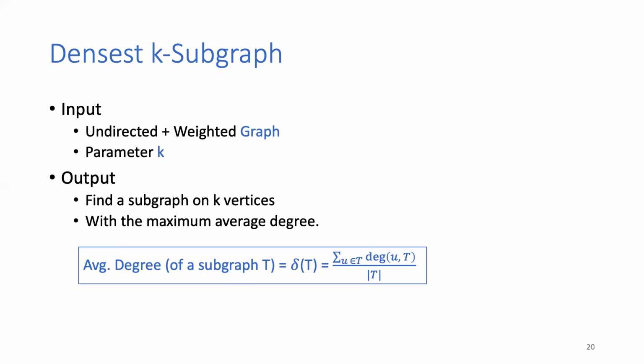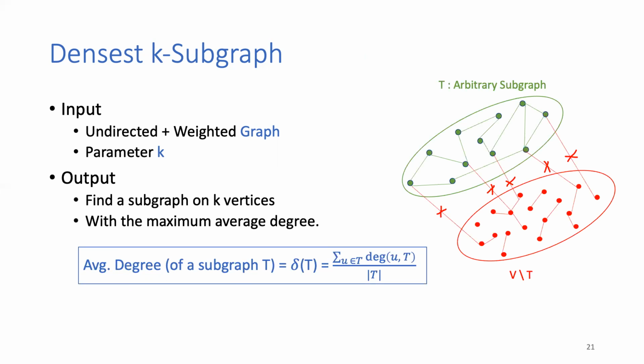Pictorially, if t is the corresponding subgraph, then only the edges in green color will be accounting for the average degree of t, and none of the red edges will account for the average degree of subgraph t.